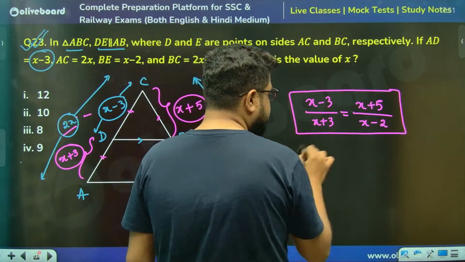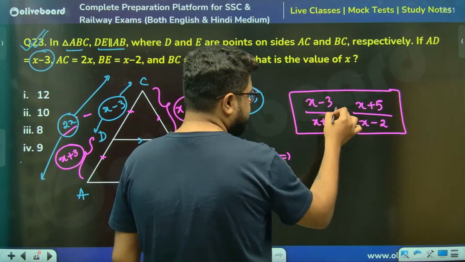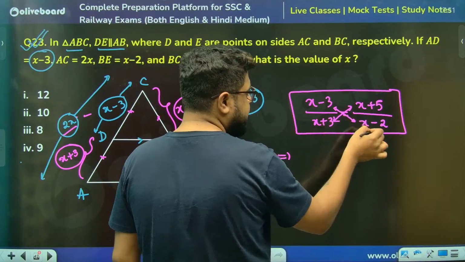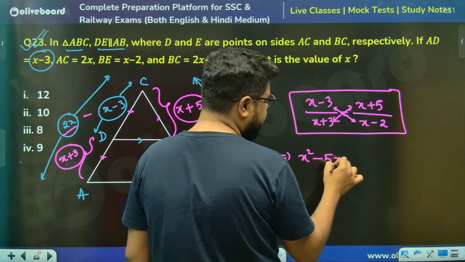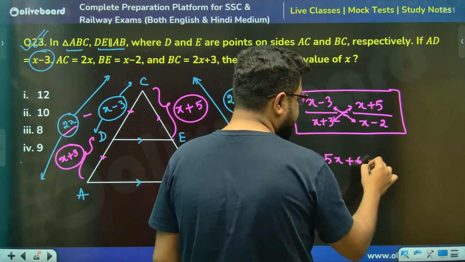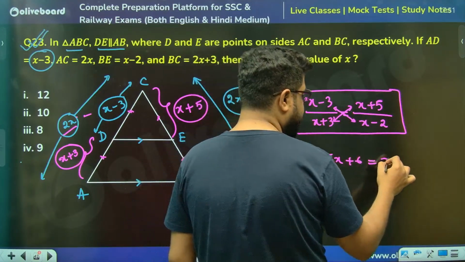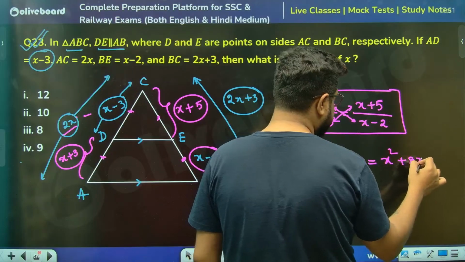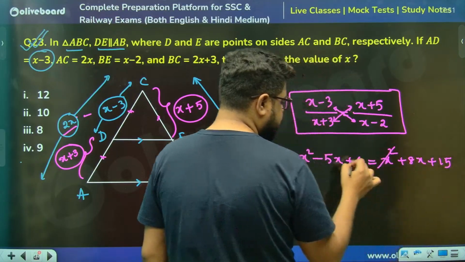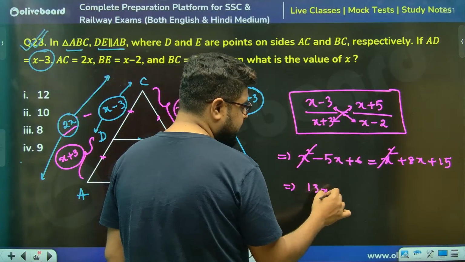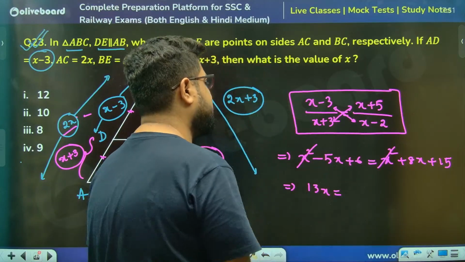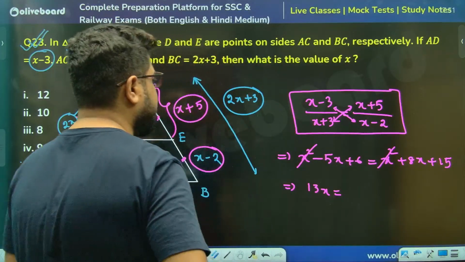Cross multiplying, x square minus 3x minus 2x means minus 5x, plus 6. Again, x square plus 8x plus 15. You see x square cancels. So if you take this, 13x will become negative? No, something has gone wrong.